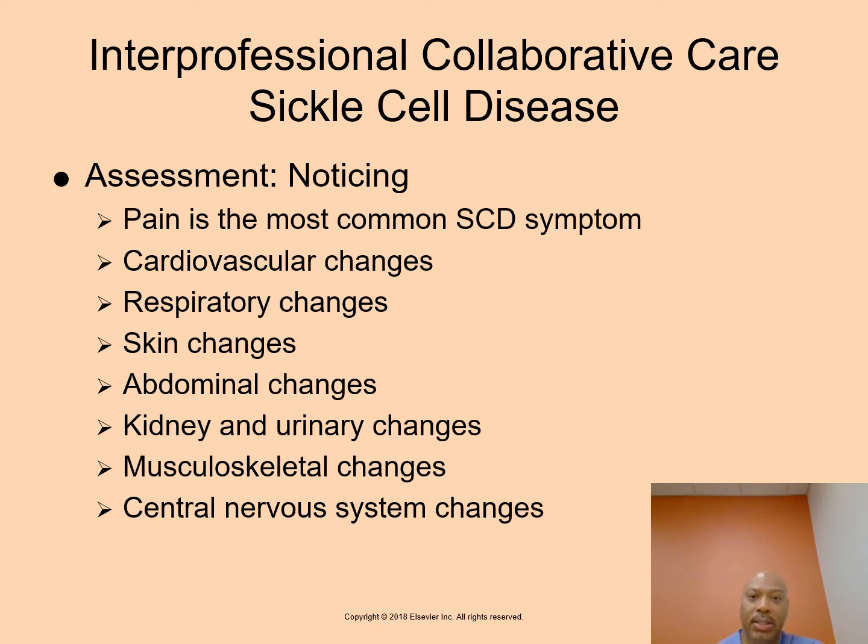Abdominal changes. The spleen and the liver are damaged, and this occurs early due to hypoxia and ischemia. During crisis, the abdominal pain is from reduced perfusion. Again, this is a perfusion issue. Remember that priority concept. It's all about perfusion. And of course, this can also involve the back and the legs.